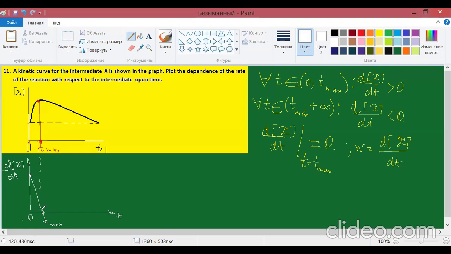It's positive, but at this point, the derivative is equal to 0, and it intersects the t-axis. For that reason, it's equal to 0. And from t max onwards, it's negative. It goes down. This is the approximate plot of the dependence.